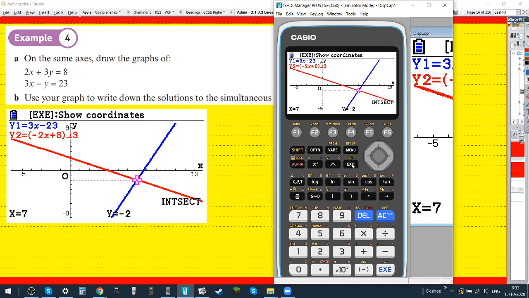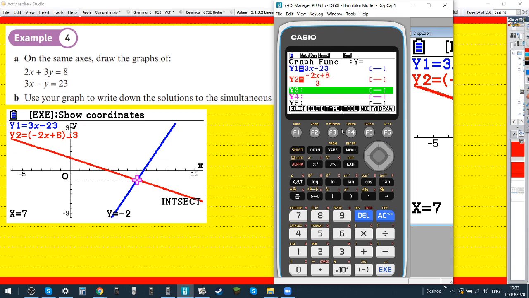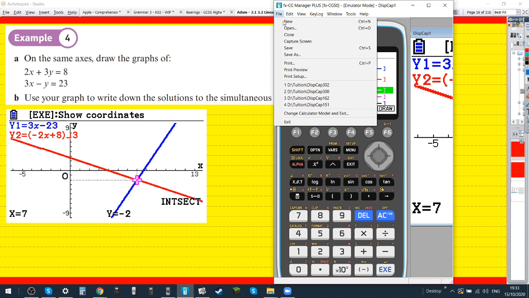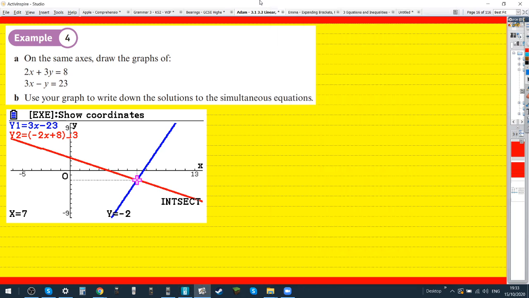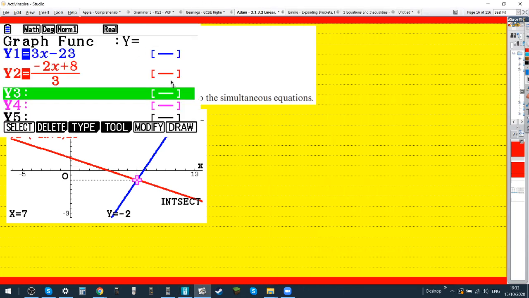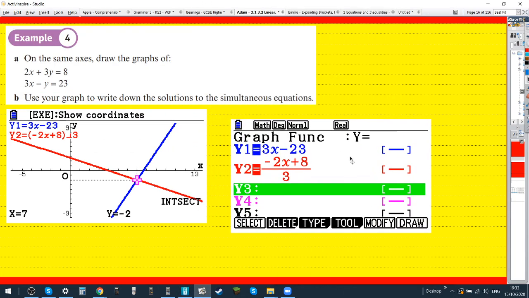You put in 2x plus 3y equals 8 and then 3x minus 1y equals 23, which gives you x equals 7 and y equals minus 2. So the coordinate of the point of intersection is 7, minus 2.